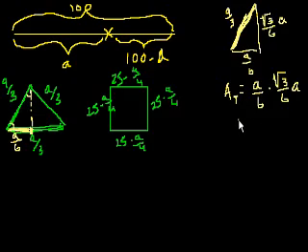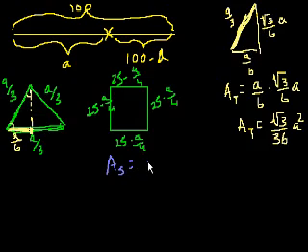So anyway, the area of the triangle is equal to the square root of 3 over 36 a squared. And what's the area of the square? That's easier. That's just base times height. So the area of the square is equal to 25 minus a over 4, that's just base times height, squared.